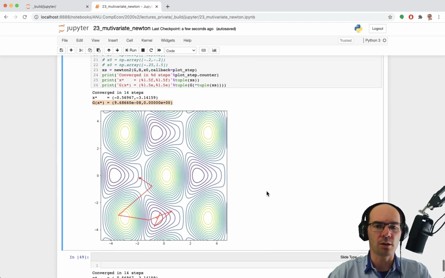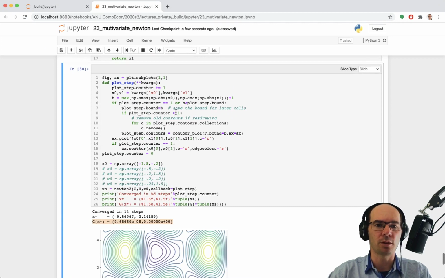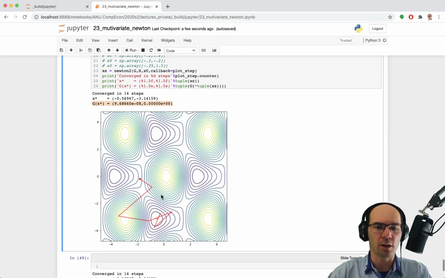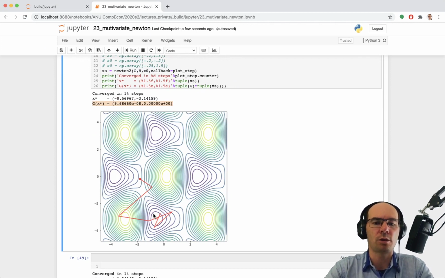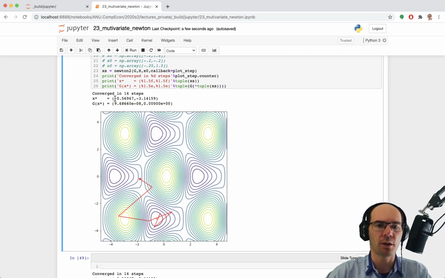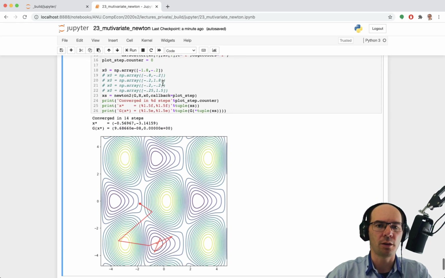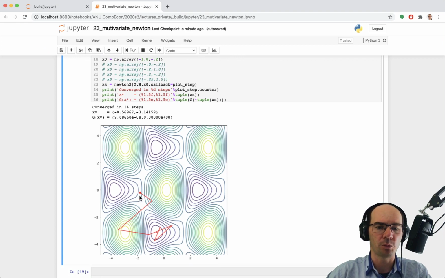And you can see here that the complicated plot step essentially adds the path that the Newton method takes in the two-dimensional plane. The dot marks the initial value, and you can verify that by looking at this initial value, minus 1.8, which is somewhere here, and minus 0.2, which is a little bit below 0.